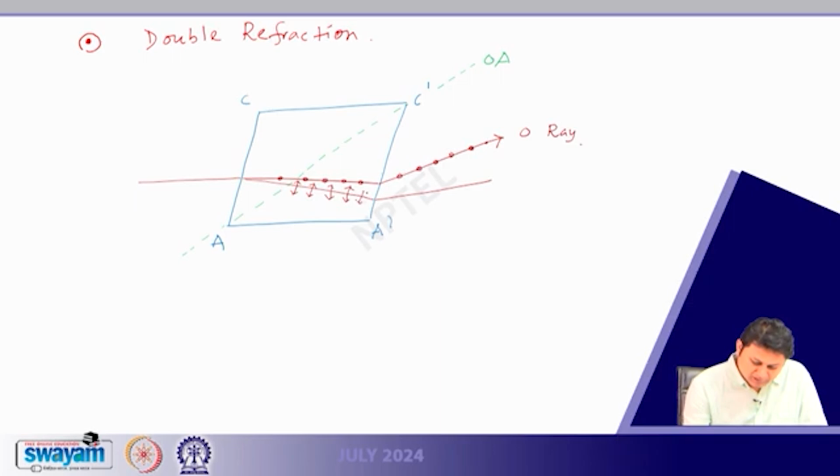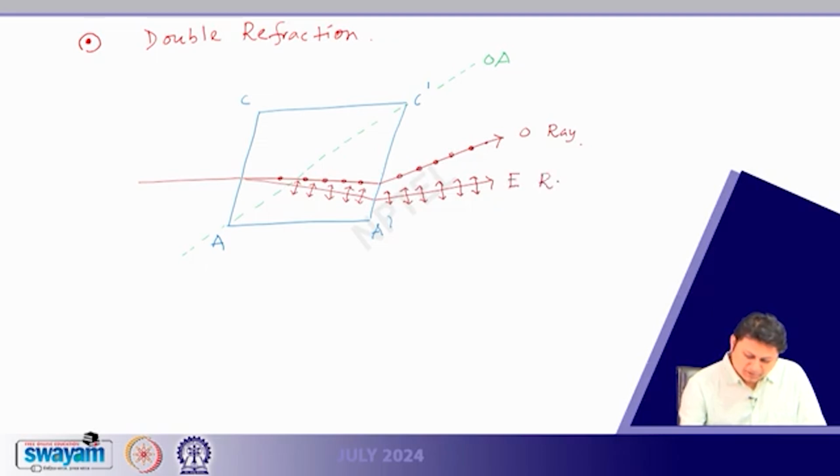Since it is parallel to the optic axis, it will move at a different velocity, and that results in a deviation from the O ray, and that we call the E ray.